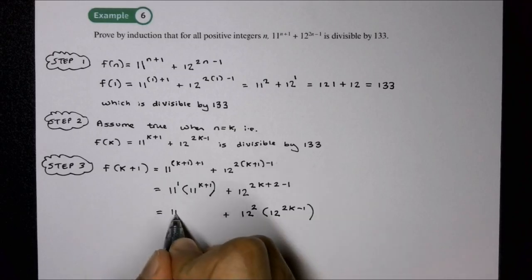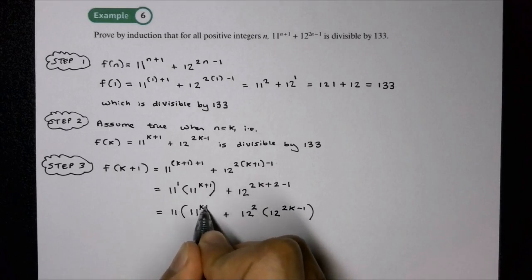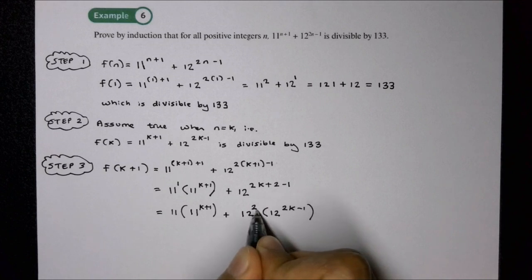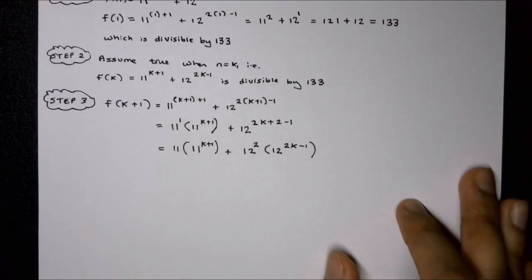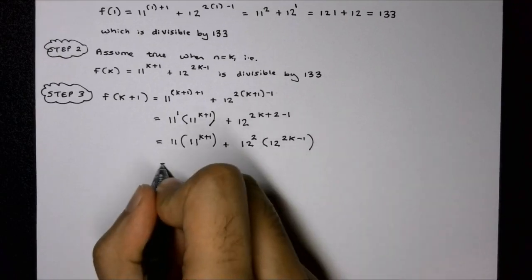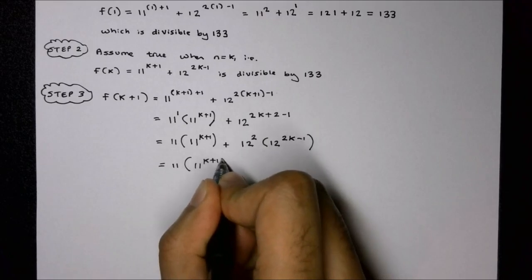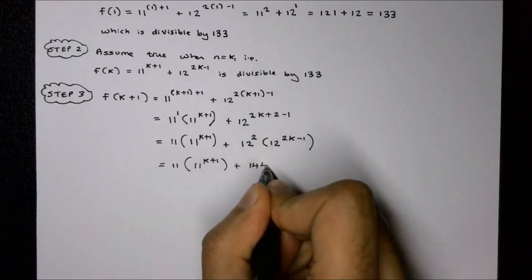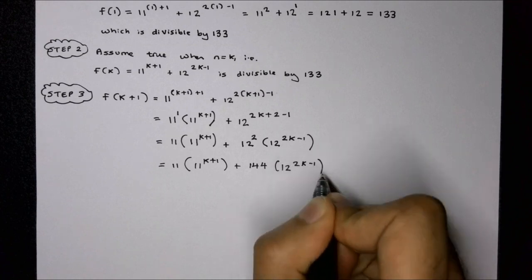So we have 11 lots of 11 to the power of k plus 1 plus 12 to the power of 2 lots of 12 to the power of 2k minus 1. So we've got 11 lots of 11 to the power of k plus 1 plus 144 lots of 12 to the power of 2k minus 1.